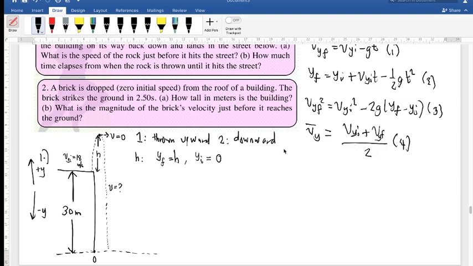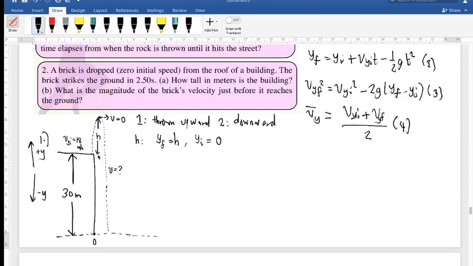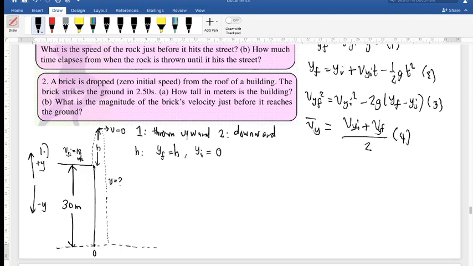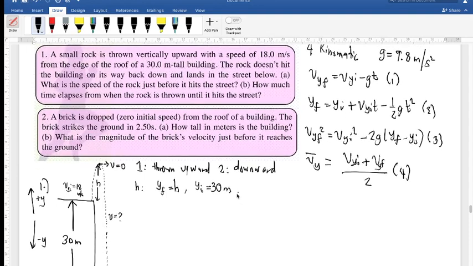For the initial height, is it 0 or 30? I think it's 30 with respect to our origin, because the origin is here, so your yi is 30, the 30 meters height of the building. Next, your initial velocity in event 1 is 18 meters per second.